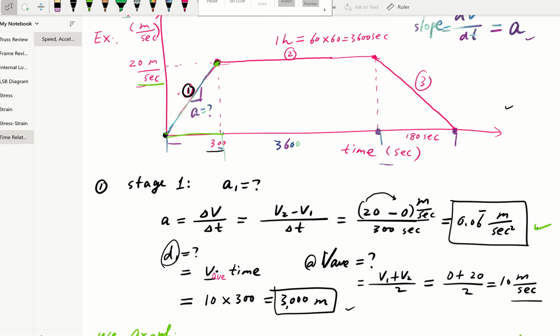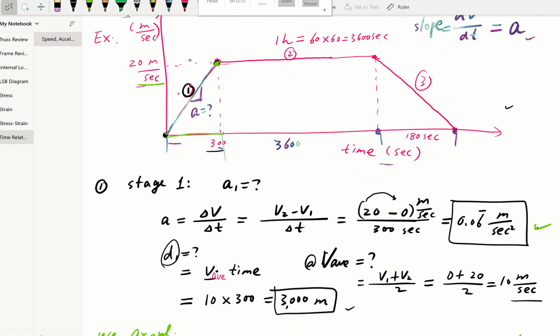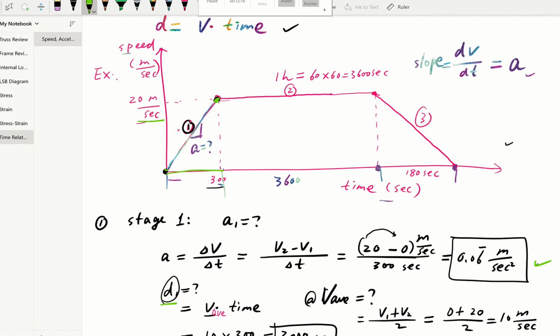And now let's go back to this graph. How about the distance? We can use the graph to figure out the distance, because if the derivative of velocity is acceleration, then how about we integrate the speed with respect to time? That will give us the distance.